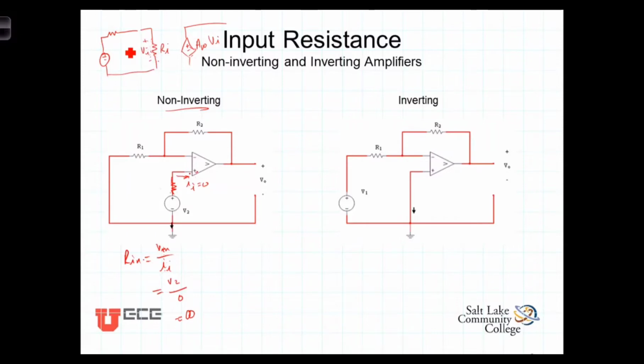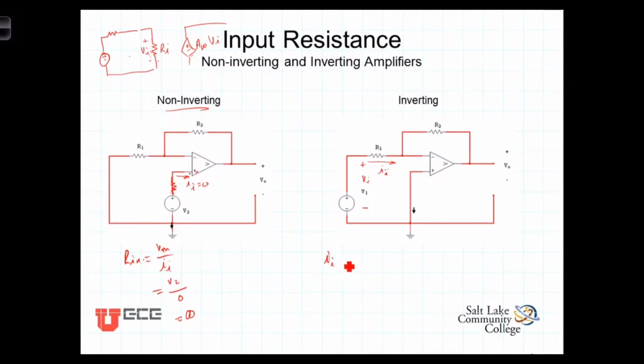Now, let's determine the input resistance for the inverting amplifier. We're going to see that it's not nearly as satisfying as this infinite resistance on the non-inverting. Once again, we have the voltage Vin, which in this case is V1, and we have a current flowing from the source into the amplifier, calling that In. But because this doesn't go directly and solely into the inverting terminal, because there's this path, In is not 0.